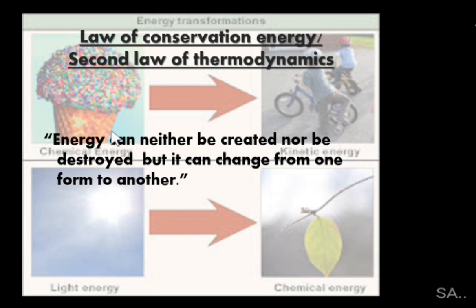For instance, in the background, you can see this ice cream possessing chemical energy. When it's taken up by these kids, they ride on the bicycle, so it is converted into kinetic energy. On the other hand, the sun's light energy is turning into chemical energy by the plants. I hope that you have got this idea of the law of conservation of energy.